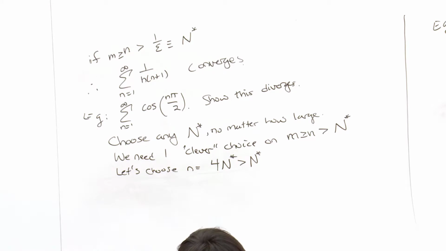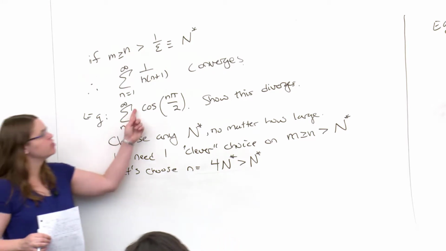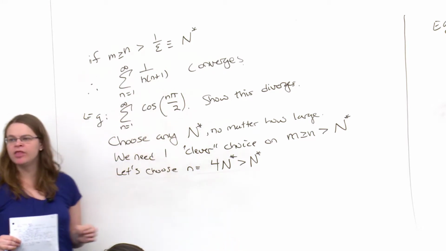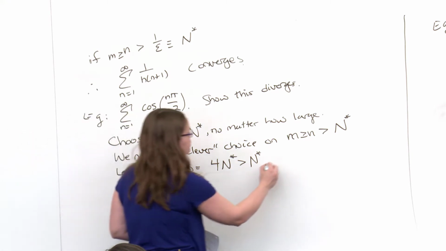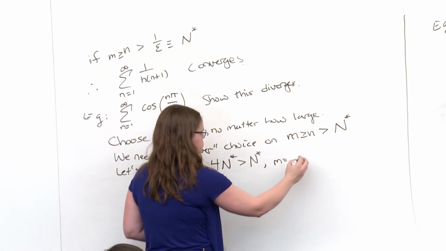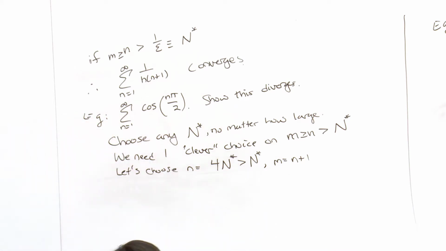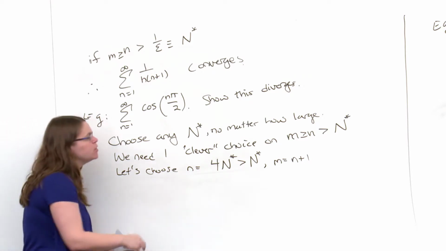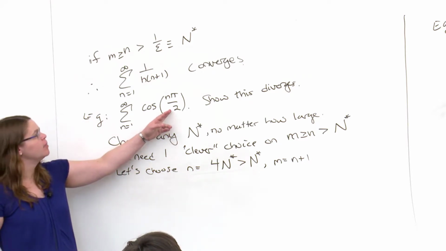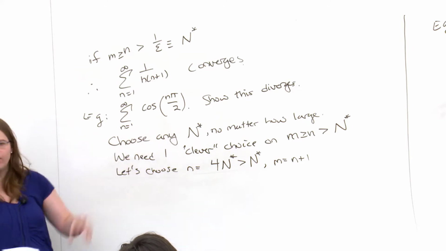And that's going to give me a term that's not small, right? That's going to make this equal to 1. And then we're in business. So I'll take, say, m equal to n plus 1. I wouldn't want to go to n plus 2, because then all of a sudden I'm going to subtract that 1 back off again.